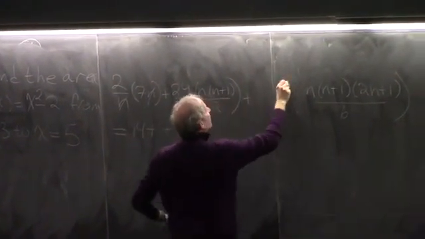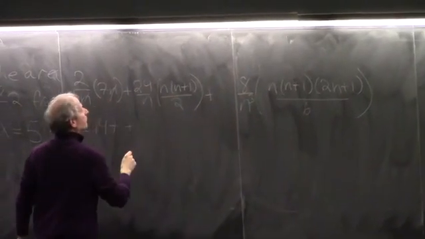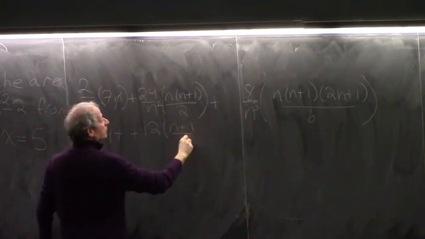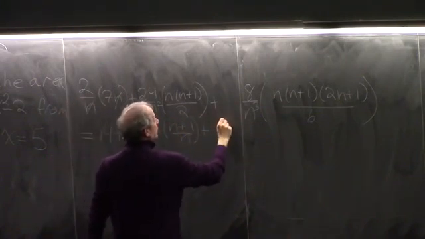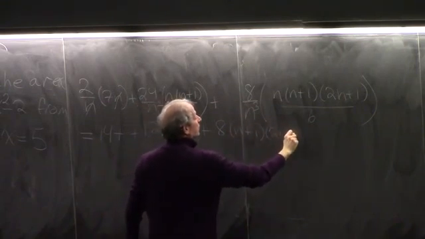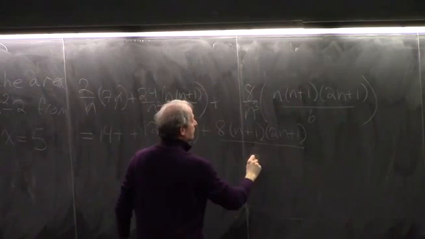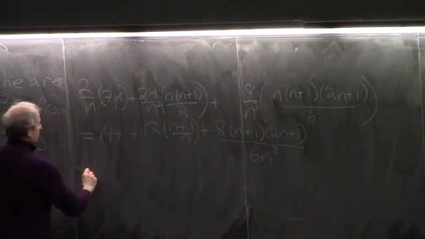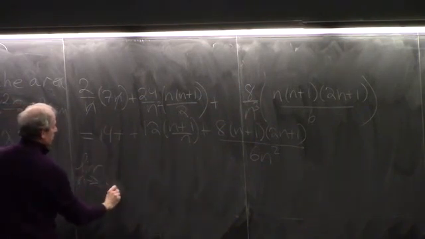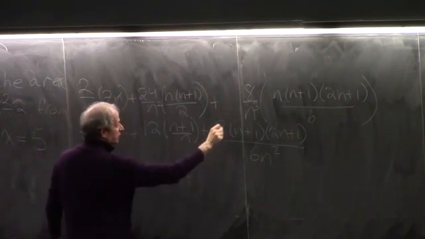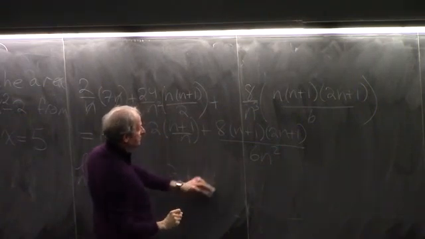Sorry about that. That's a mistake you will make on an exam. Okay, so simplify a bit. And now if we take the limit as n goes to infinity, I'm going to get 14 plus 12 plus, well, 8 times a third.